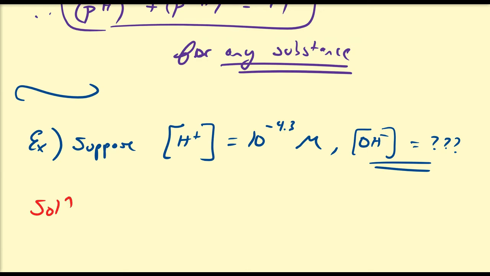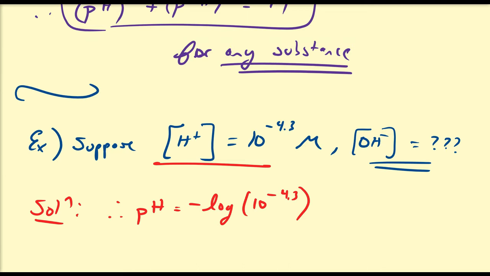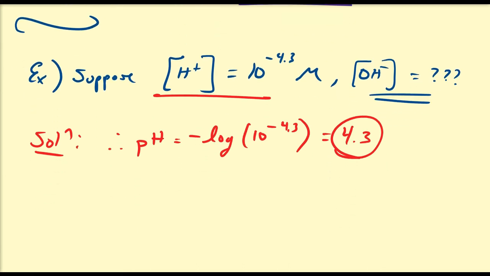We can use this property that we just derived. If our concentration is 10 to the minus 4.3 molar, then the pH for this particular substance is going to be equal to the negative logarithm of the concentration, so 10 to the minus 4.3. So that's going to be equal to 4.3. That's the pH of this particular substance.